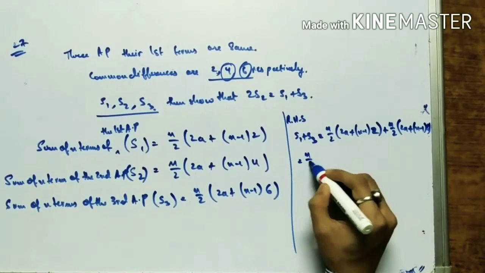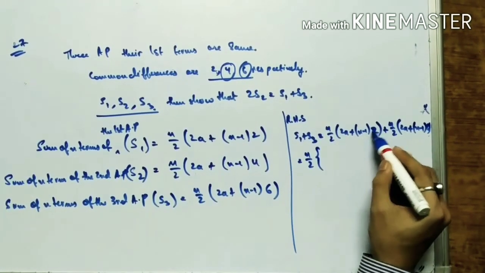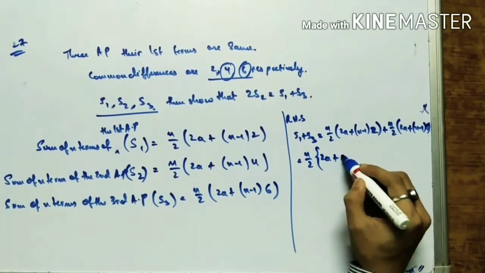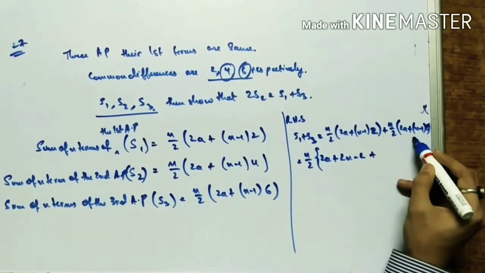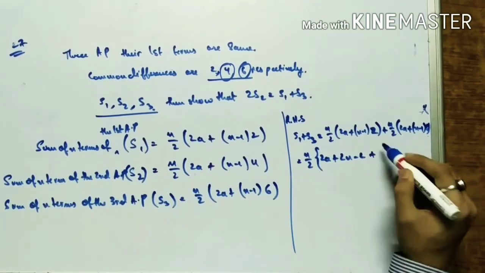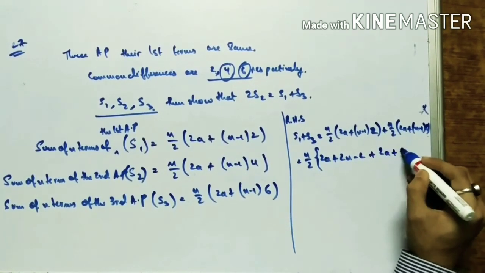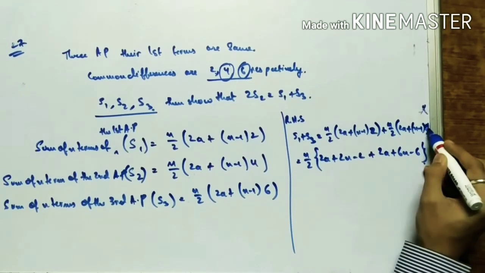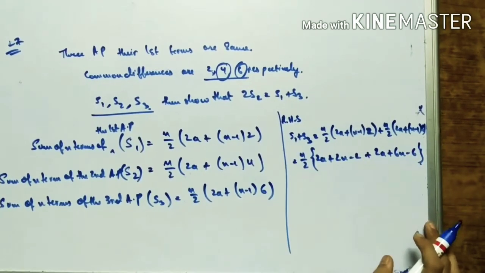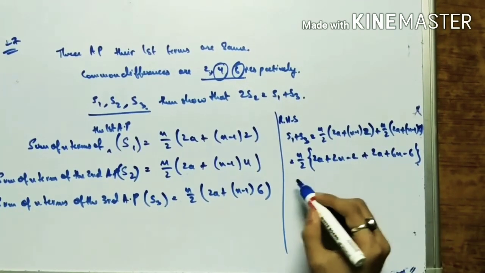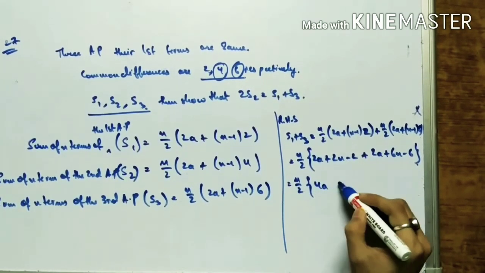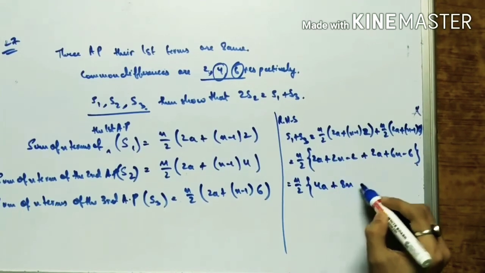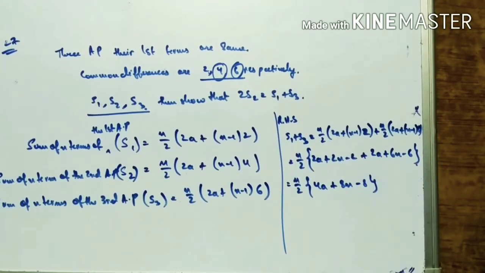Now from here, if I take n by 2 common and multiply by 2, I will get twice a plus twice n minus 2 plus, in here also, twice a plus 6n minus 6. So now, this is equal to n by 2 times 4a plus 8n minus 8.